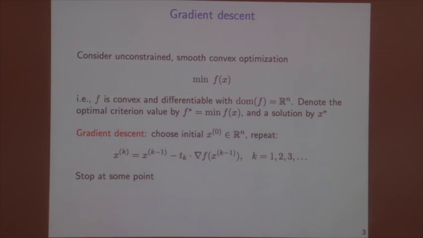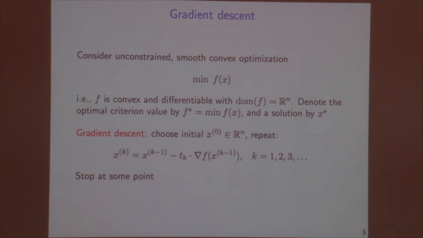So for today, we're going to look at a different problem. We're stepping back for a second from constrained optimization, and we're going to look at an unconstrained problem. Gradient descent, in the fashion that we're going to see today, is an iterative method for optimizing a function that is unconstrained, and it has some smoothness properties.